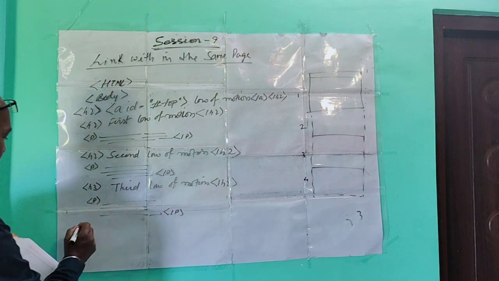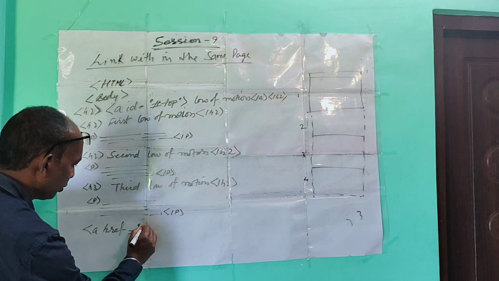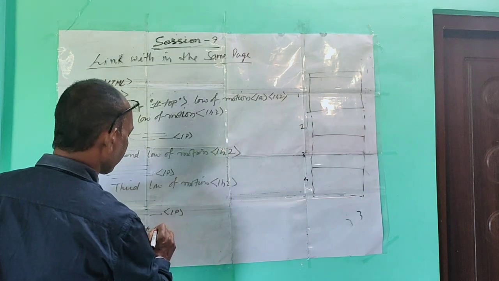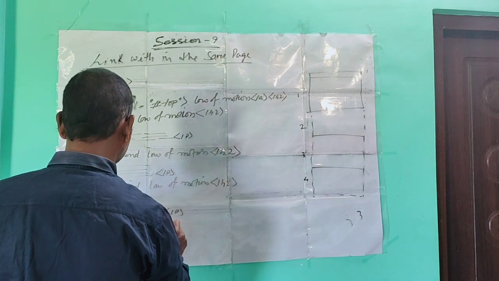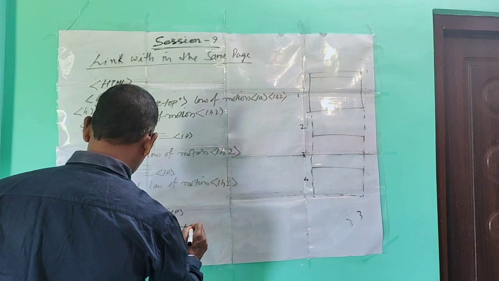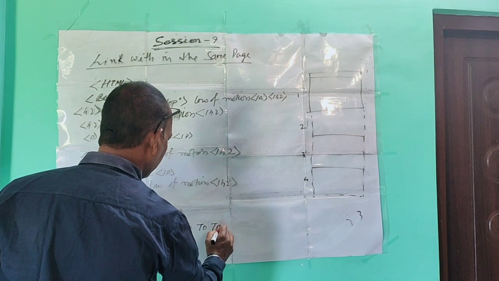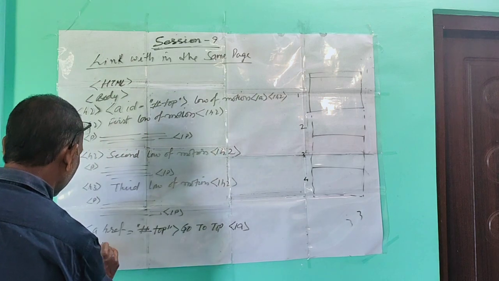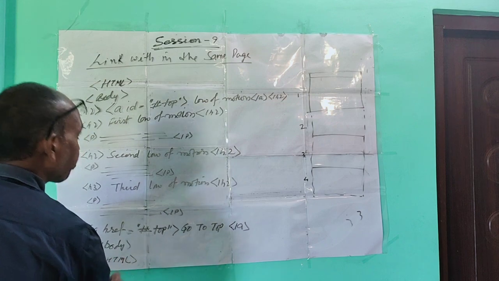Okay. After that, here write A HREF equals hash top, go to top, anchor close. Then close body. Then close HTML.